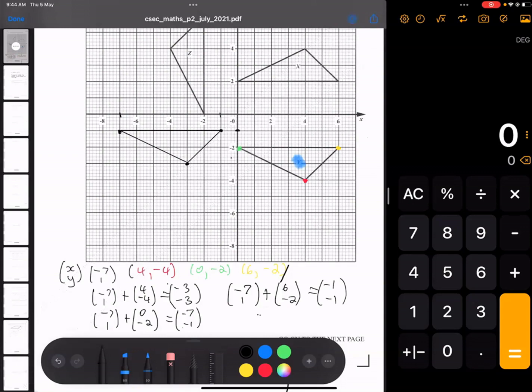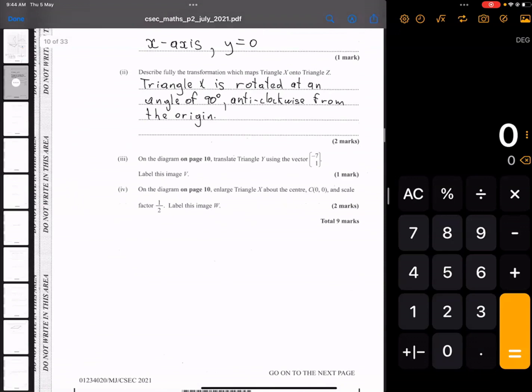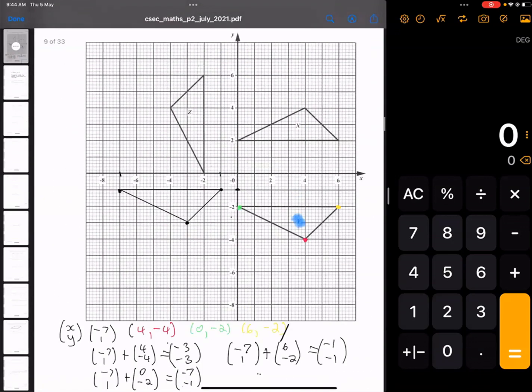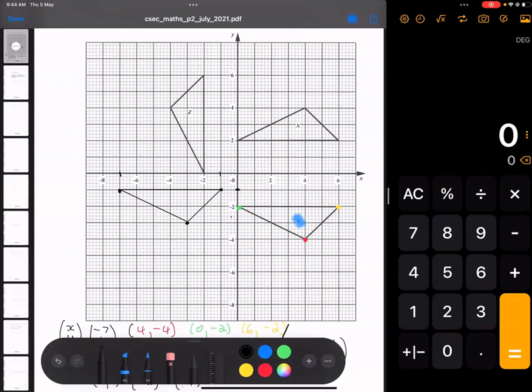What did they say we should use? We should use the image V. So that is our new image, V. We'll denote this new triangle as triangle V. Alright, and that is our new triangle. Let's continue.